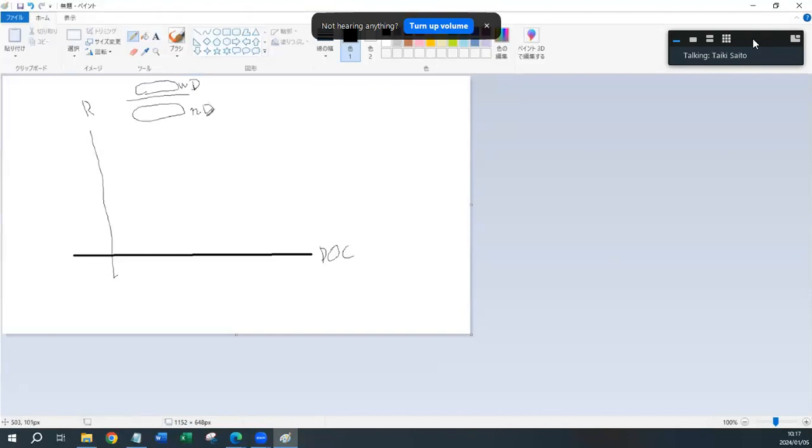So it should be less than 1. If the degree of coupling goes in this way, you can say the optimum degree of coupling is this value.